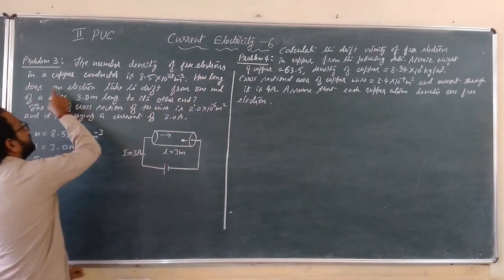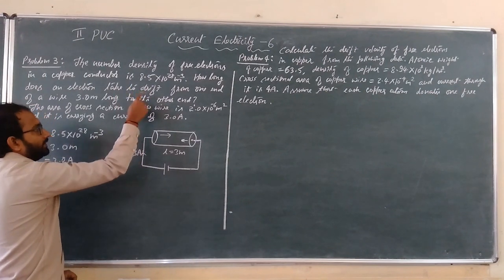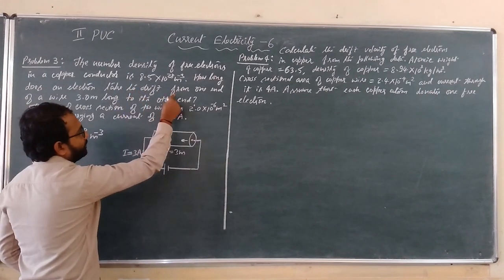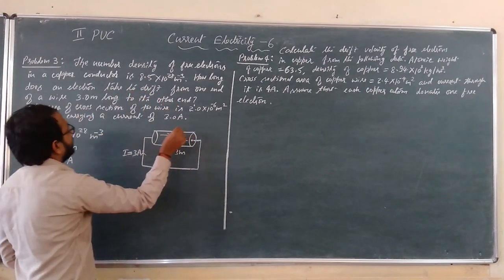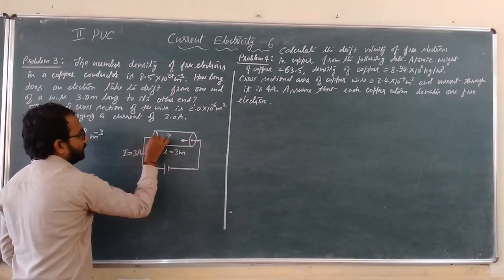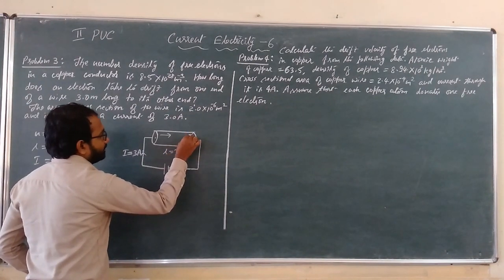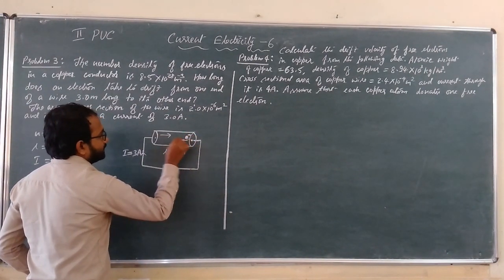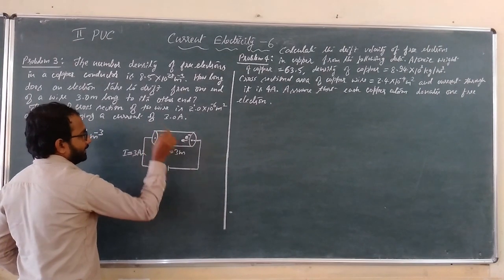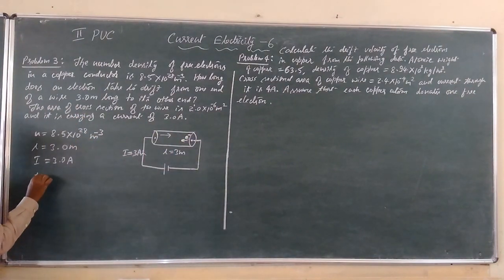What is the time required for the electron to drift from one end of the conductor to its other end, from here to here? So what is the value of t?